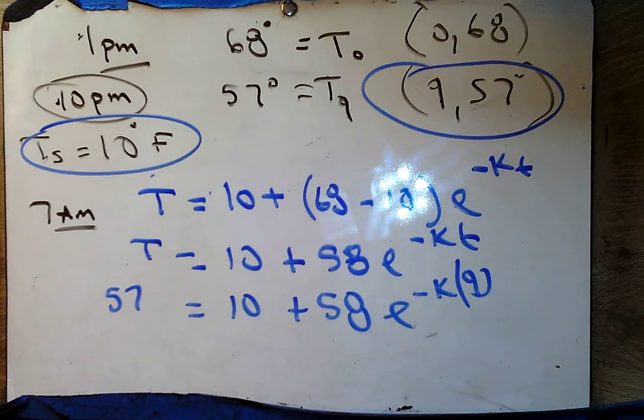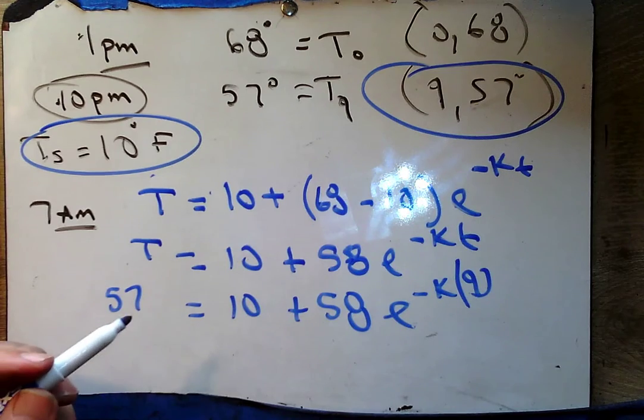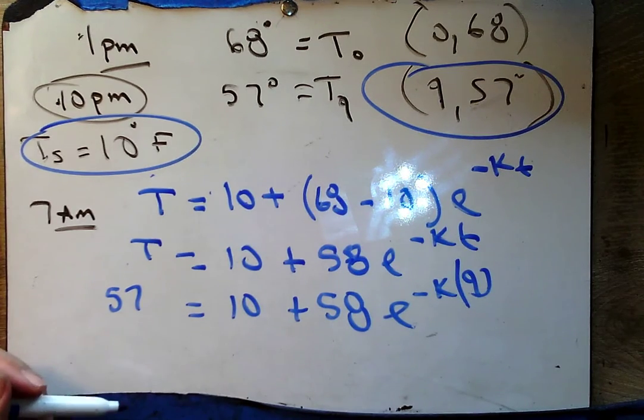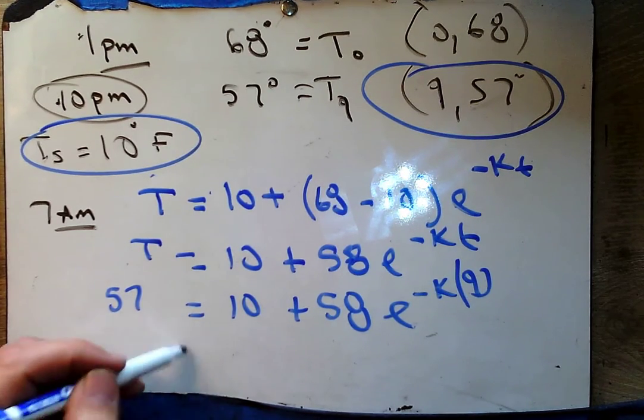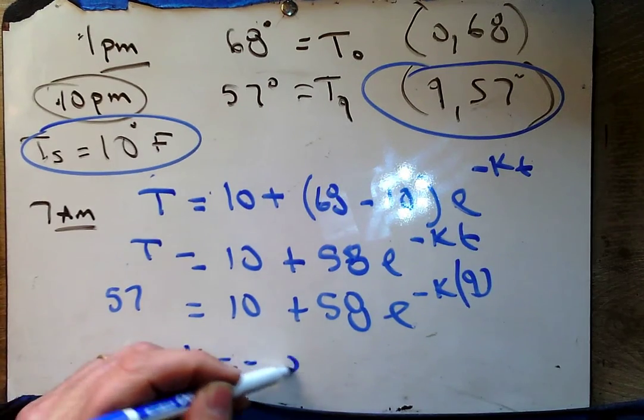Why don't you solve it, and I'll solve it, and we'll compare our k values. Okay, pause the video if you're actually working on this and don't want me to spoil it, because I'm about to reveal the k.